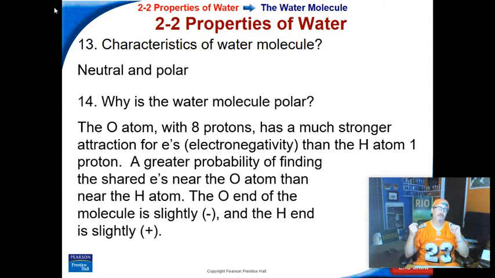What that means is that the electrons spend more time orbiting, remember, electrons are orbiting in those energy shells, around the oxygen atom than they do the hydrogen atom, which gives the oxygen a partially negative charge, and the hydrogens, both of them, remember the mouse ears, a partially positive charge. Because if the electrons are focused on the oxygen, more negative, that means they're focused on the hydrogens less, which gives them a partially positive charge. That is what makes the water molecule polar.